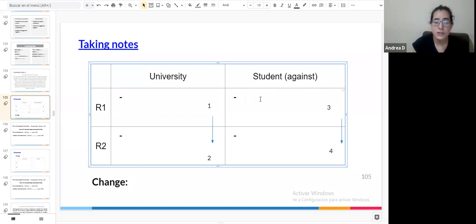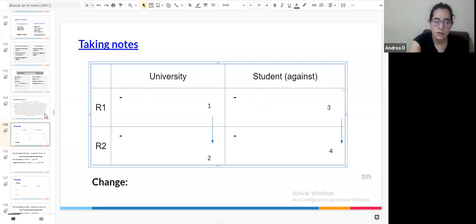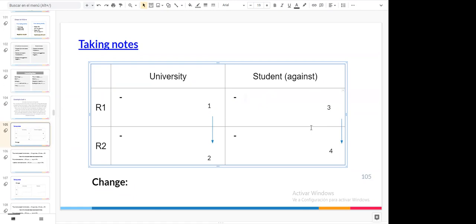What was his first reason? The first reason, he said that a lot of kids are looking for a relaxing place, and he said that this was going to be distracting.